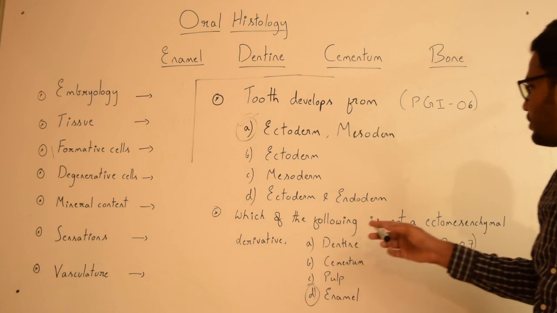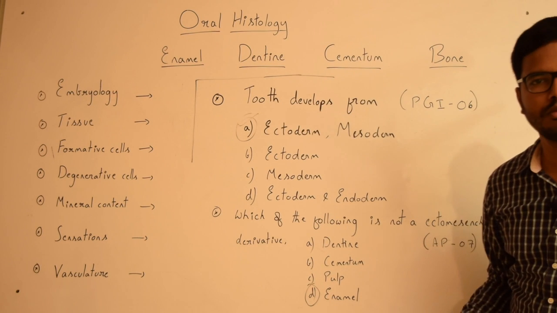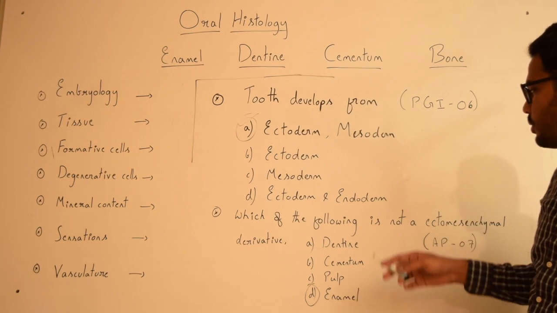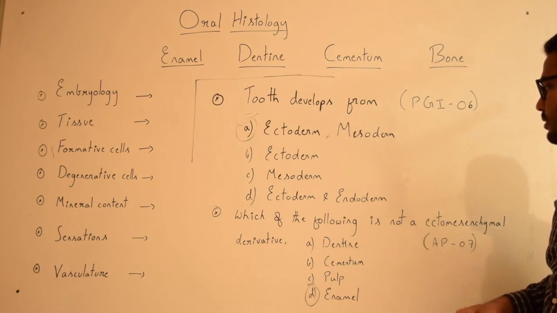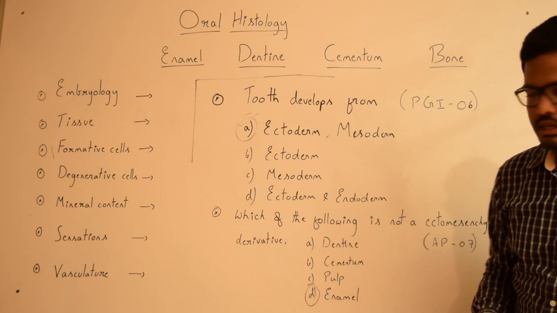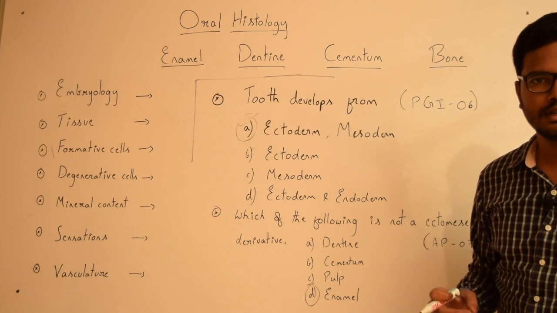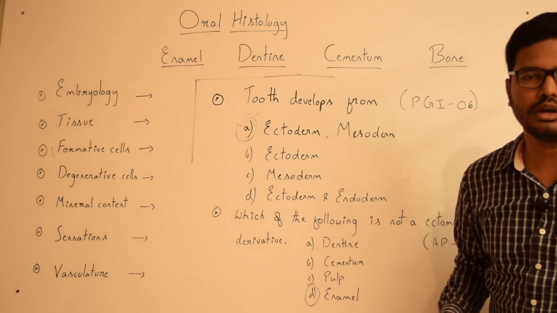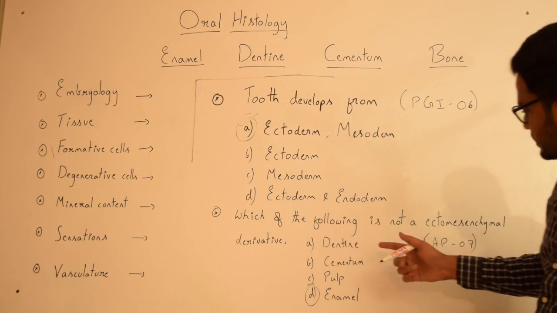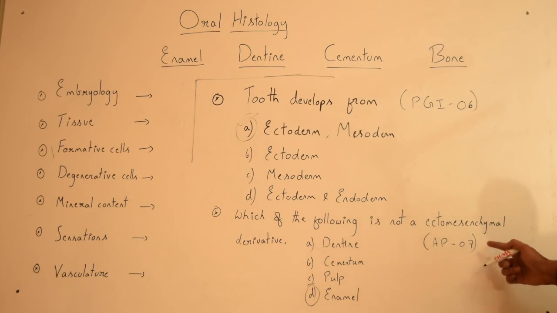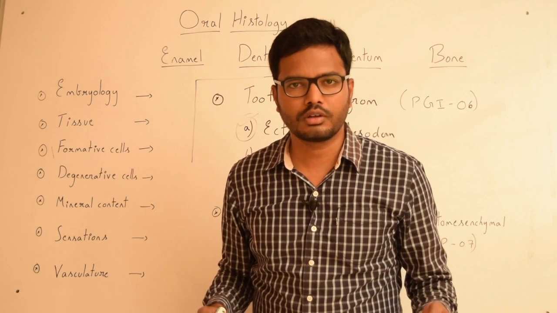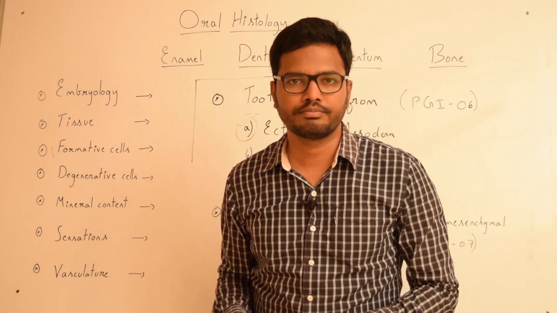So A, B and C, they have ectomesenchymal origin, except enamel, which has its origin from ectoderm only, right? And this is the question which was asked previously in AP 2007. So these are some of the model questions pertaining to this topic. Thank you.